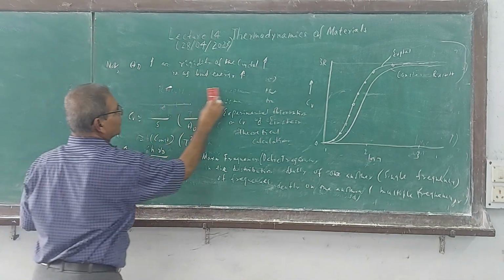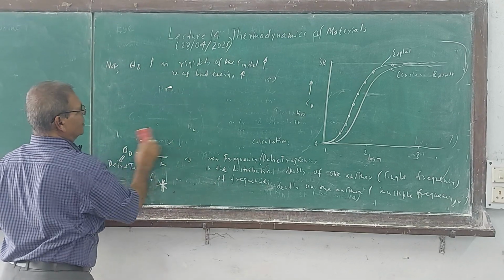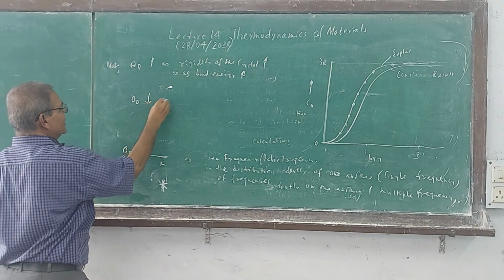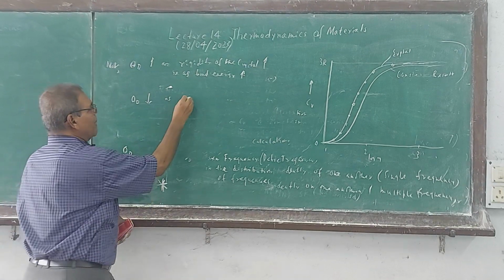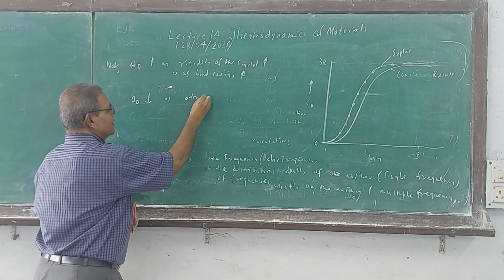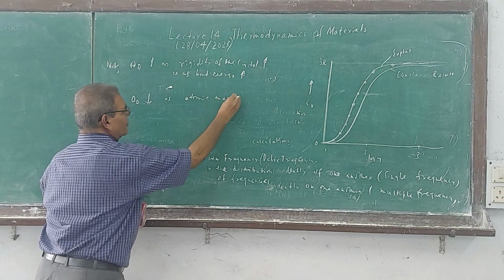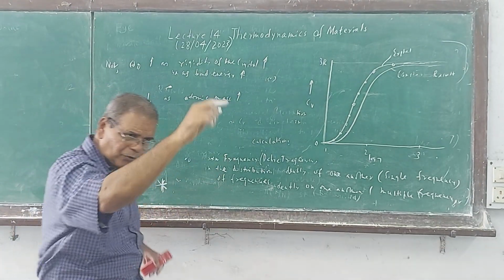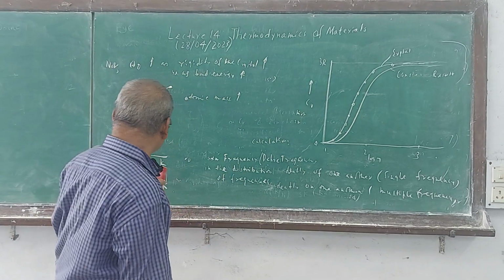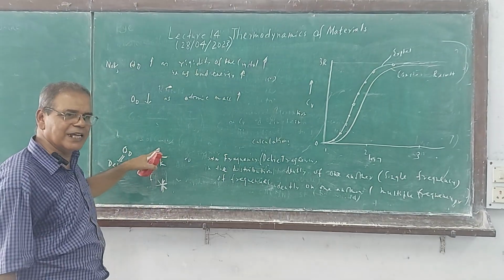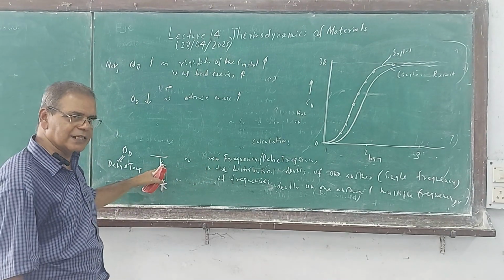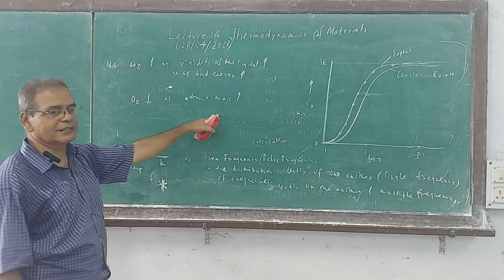And theta D decreases as atomic mass increases. This is easy to follow. Why atomic mass? A moment ago, heavy molecule, low frequency, and nu decreases, so for a heavy atom theta D decreases.